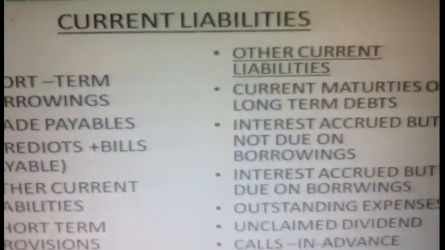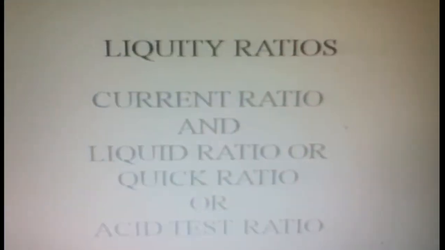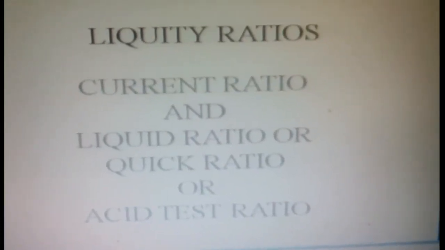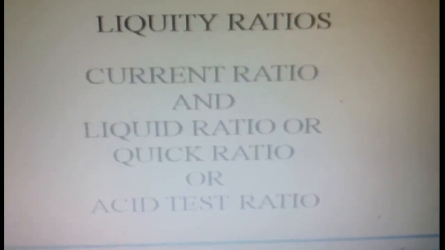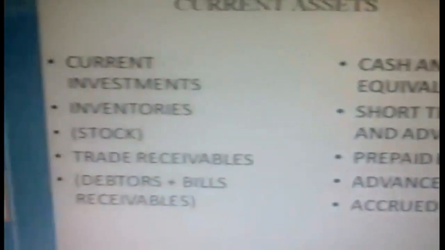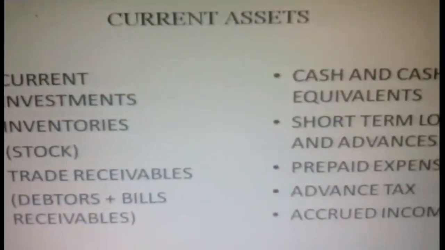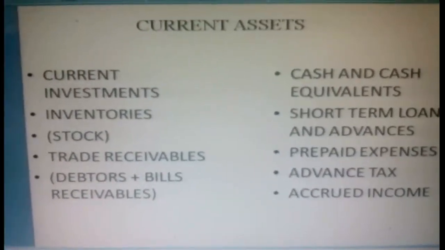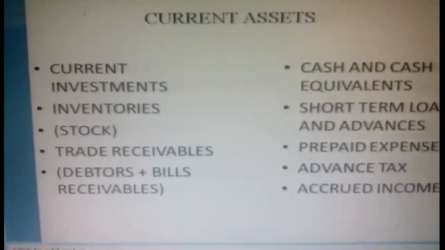I repeat once again, liquidity ratio: the current ratio and liquid ratio. For these, first of all you should know the meaning of current assets and current liabilities. These are very important, and you should memorize all these items.